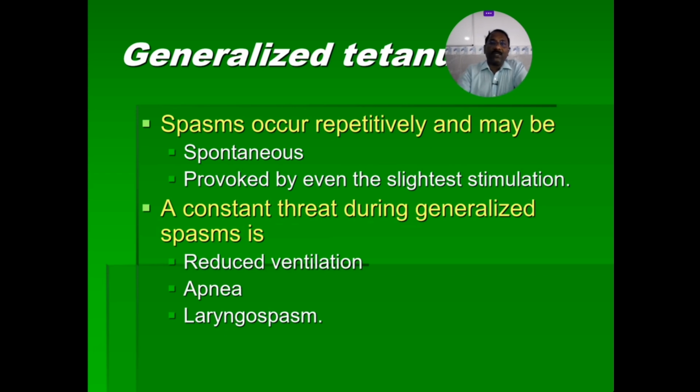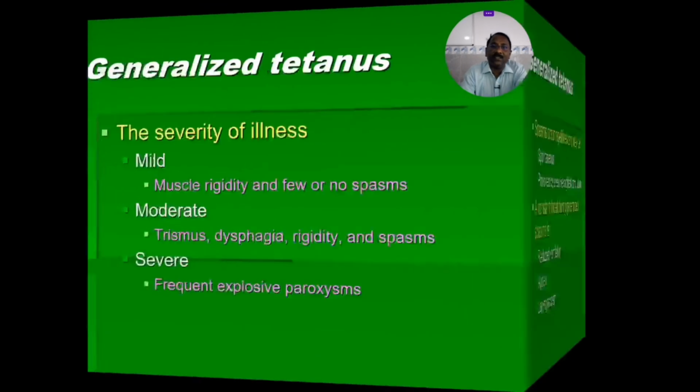Spasms occur repetitively and may be spontaneous, or provoked by even the slightest stimulation. So they want a dark area; that is the reason we keep tetanus individuals in a dark area. A constant threat during the generalized spasm is reduced ventilation, apnea, laryngospasm, a lot of secretions, and then aspiration, pneumonias, etc. So tracheostomy and intubation are very much needed in this population.